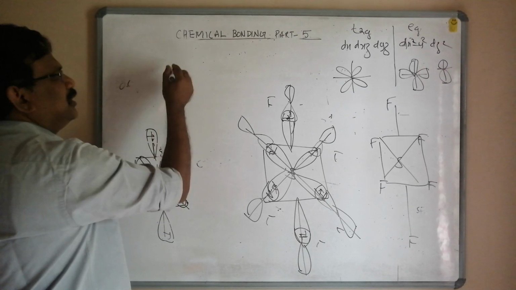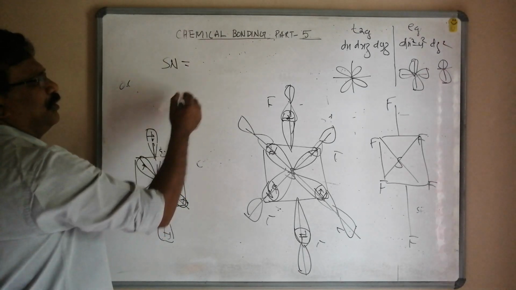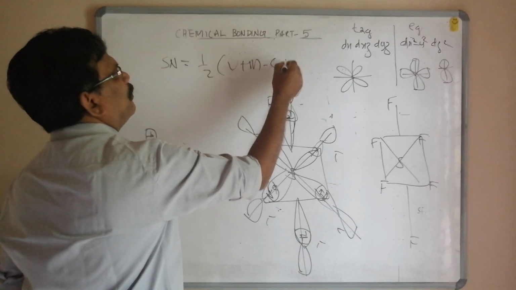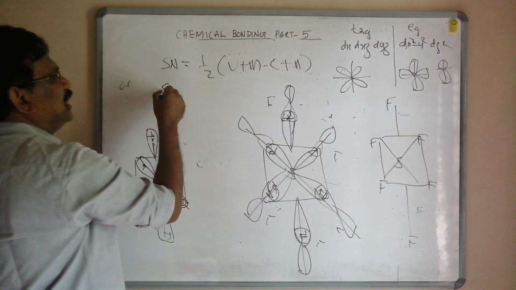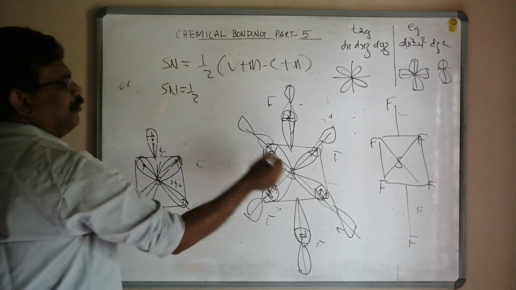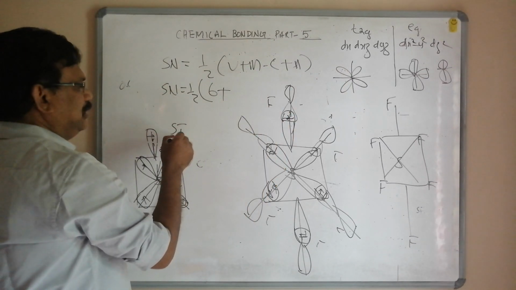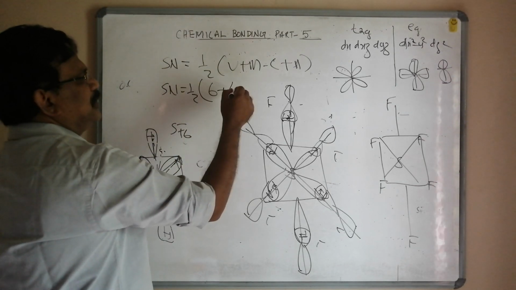Shortcut method also we discussed. The steric number is equal to half into V plus A minus C plus A. Again, Sn is equal to half into sulfur valence electrons 6, plus 6 monovalent atoms in SF6.